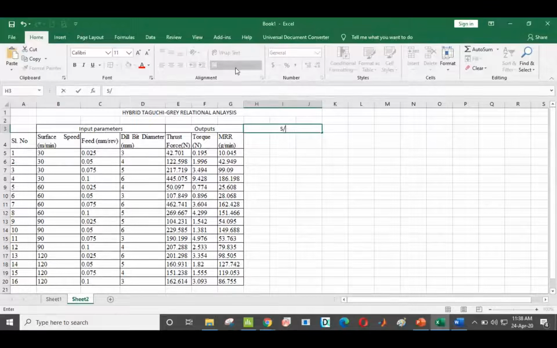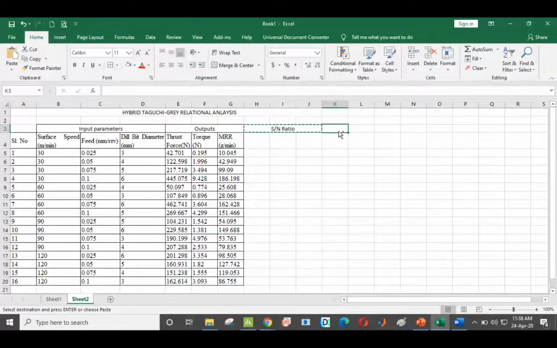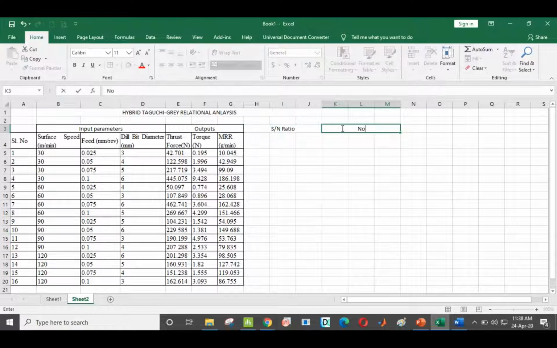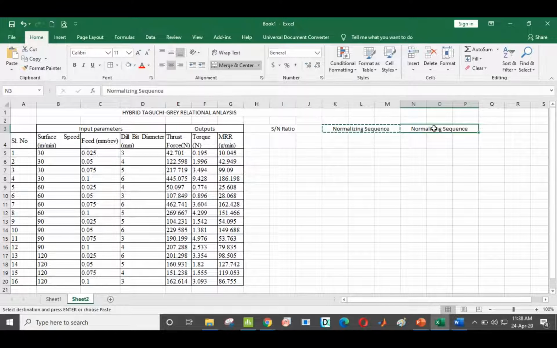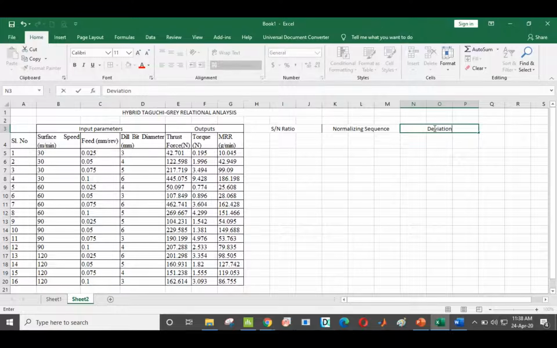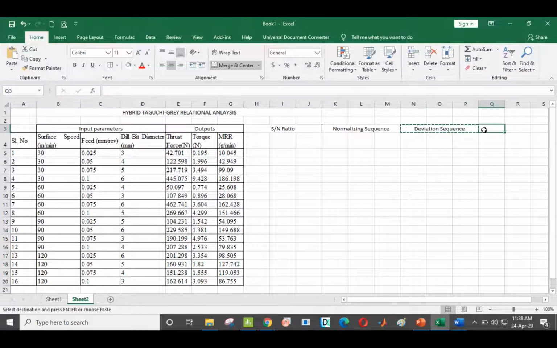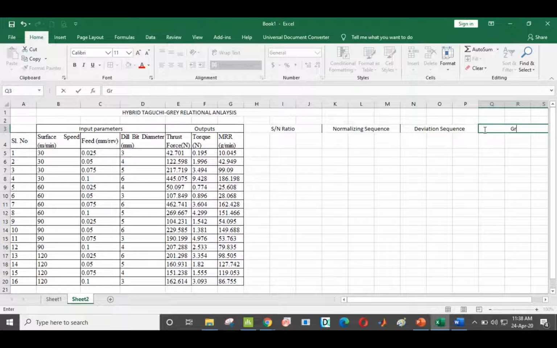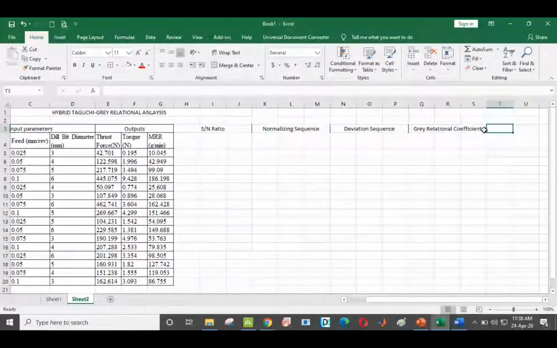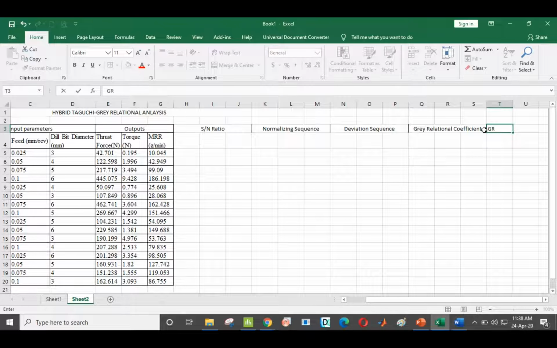The next step is normalizing sequence, then deviation sequence, then determination of relational coefficient, then grey relational grade. So this is my procedure.